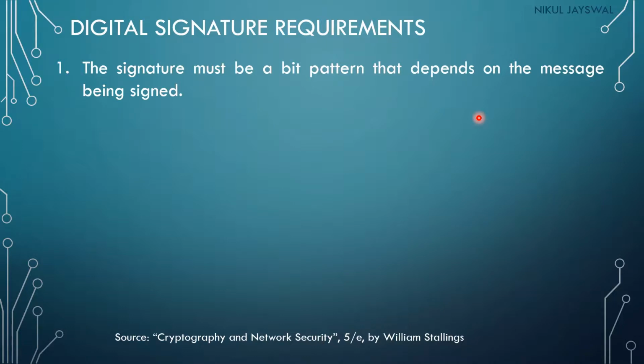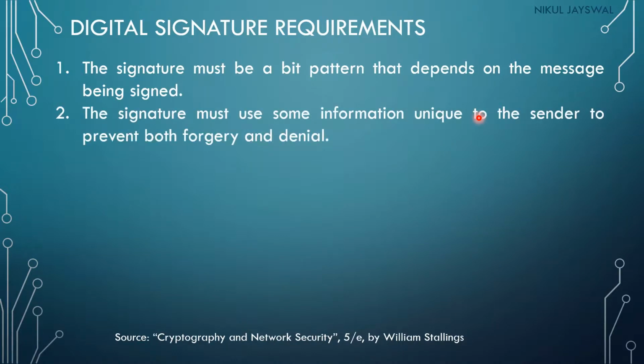If the message changes, then the signature must change. It is not like we have one digital signature, and when we send any information, we append that signature to the message. Every signature must be dependent on the message. If the message changes, the digital signature will change.